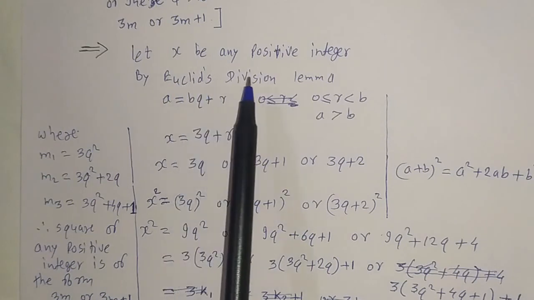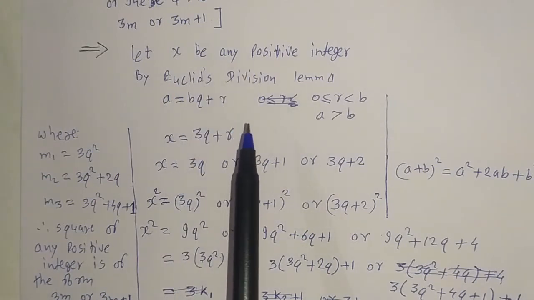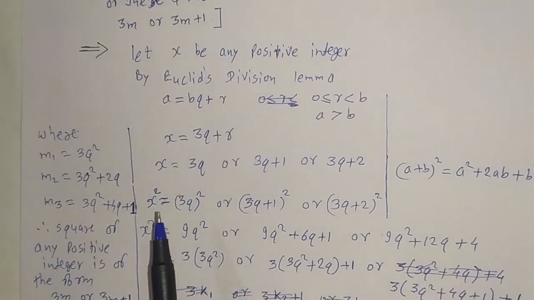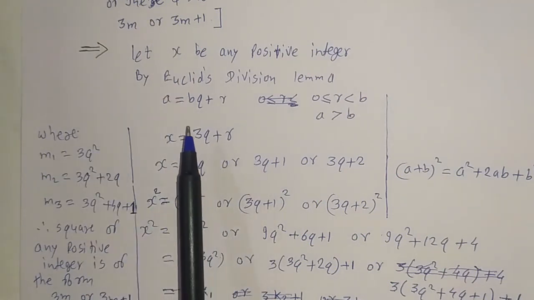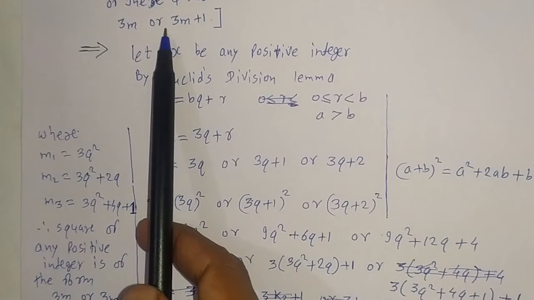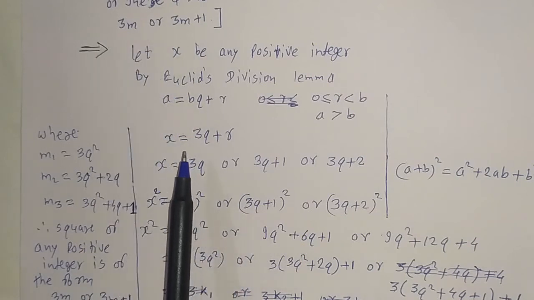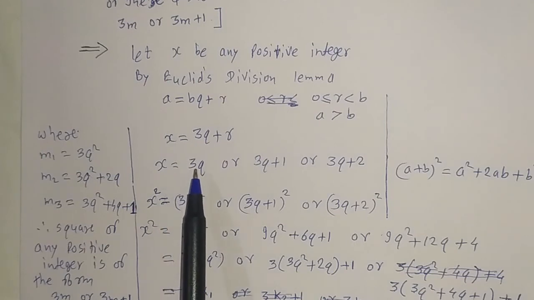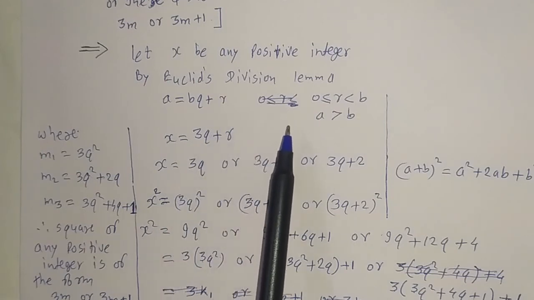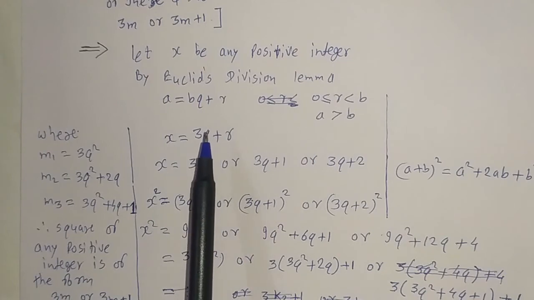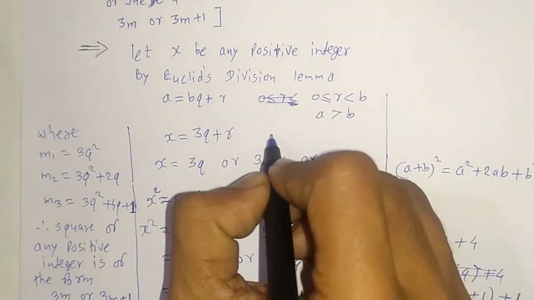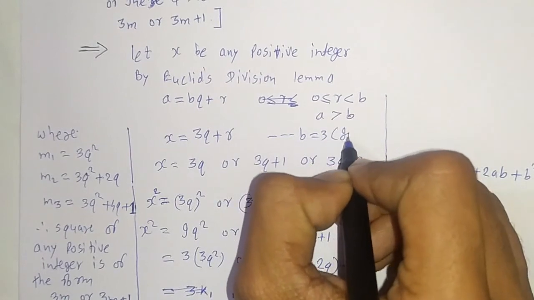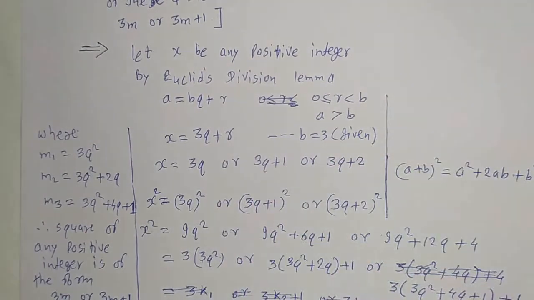By Euclid's Division Lemma, now apply the Euclid's Division Lemma. Replace a by value x, and value of b given is 3. So if you apply the Euclid's Division Lemma, you got these three equations. R can be 0, 1 or 2 because value of b given here is b equal to 3, which is given. Okay.